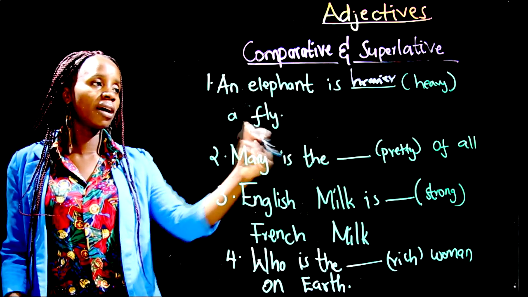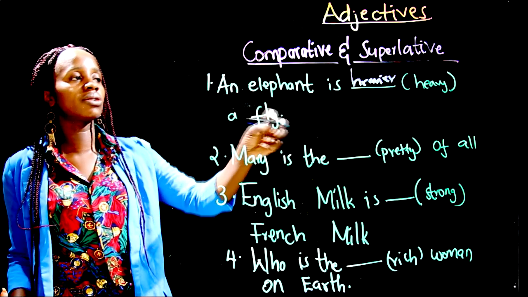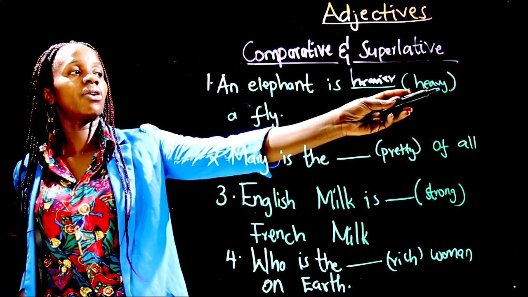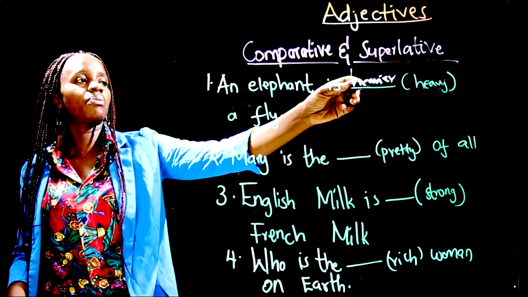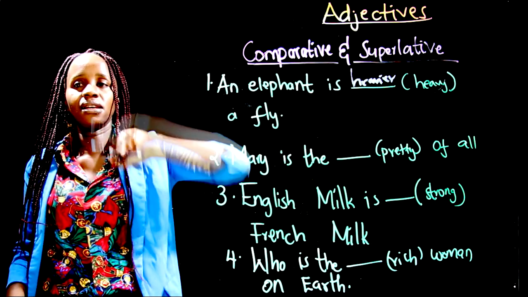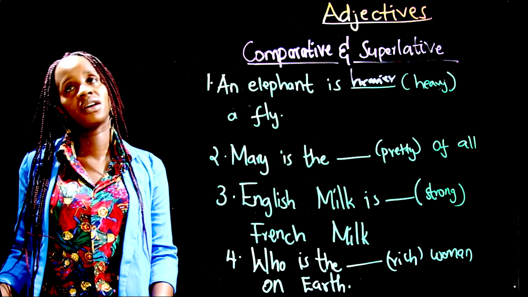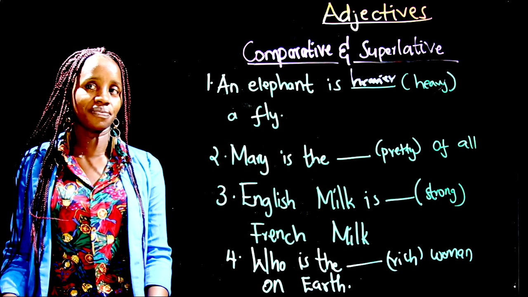The one that ends with the Y, especially if there's a consonant that comes before the Y, you will erase the Y and replace it with I-E-R. Okay, prettier, heavier. So we'll notice a lot of that. Hopefully you don't forget that.